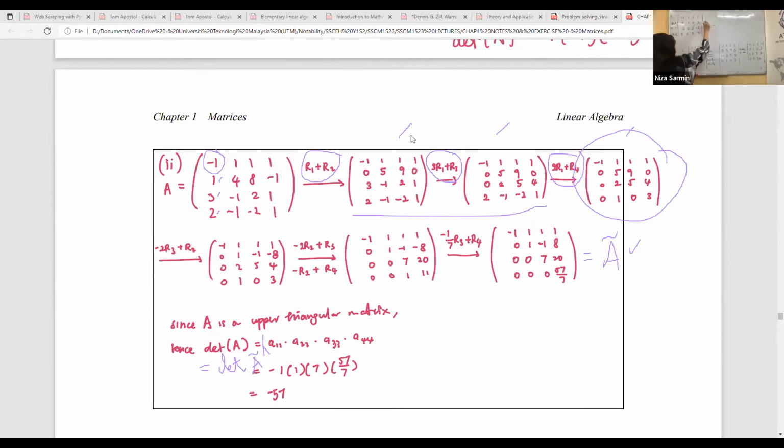So negative row 3 plus row 4. Negative 5 and add. And negative 5. Negative 1 and add. Negative 13.